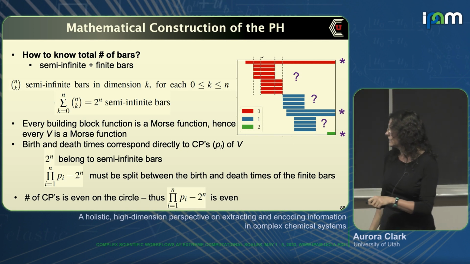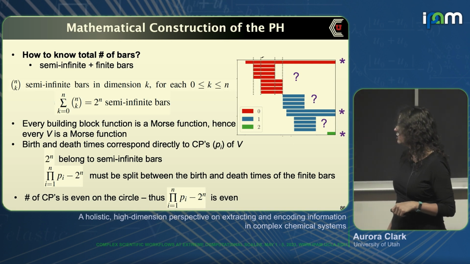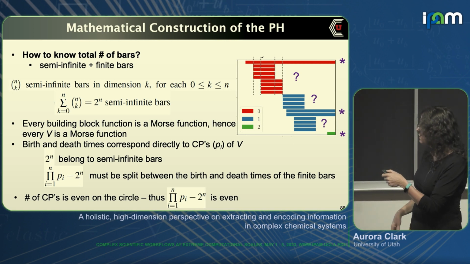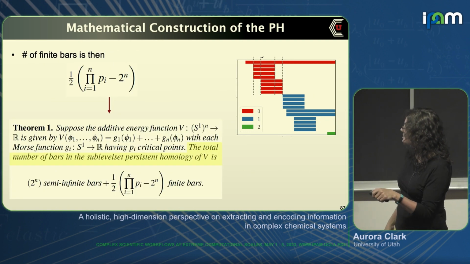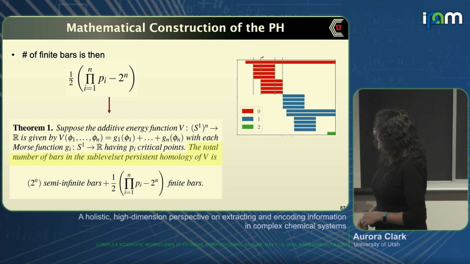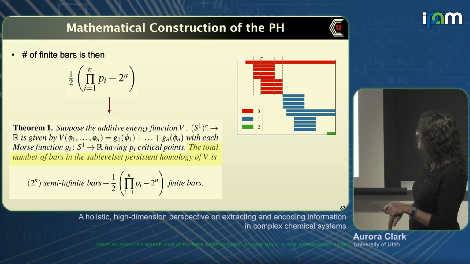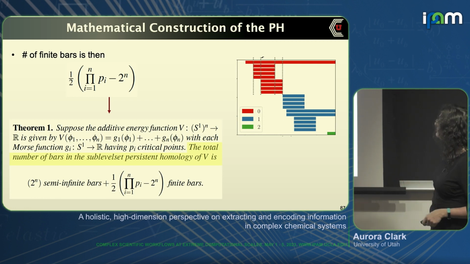And so I can immediately determine how many critical points I have associated with my circle and my semi-infinite bars, which is all this guy is doing, okay? And so I now know I have 2 to the n semi-infinite bars and this number of finite bars.